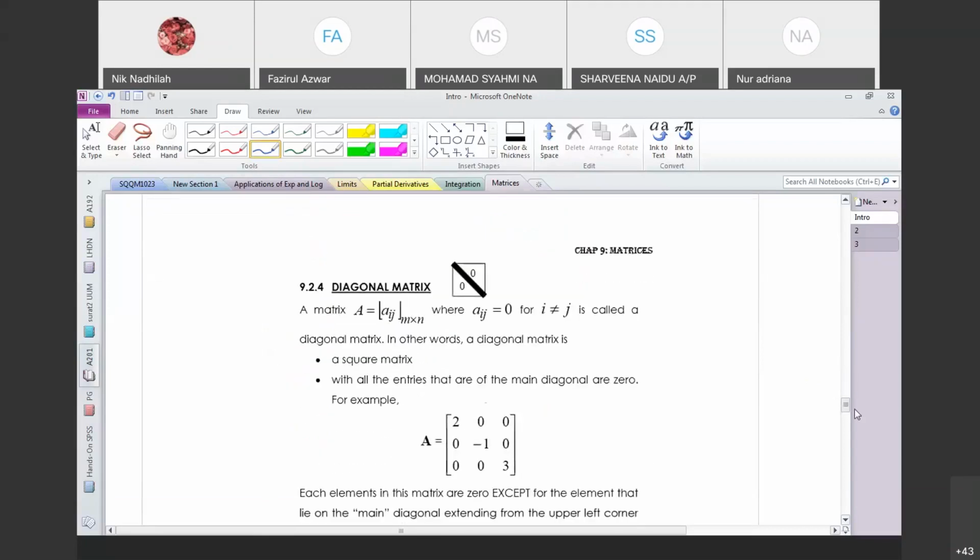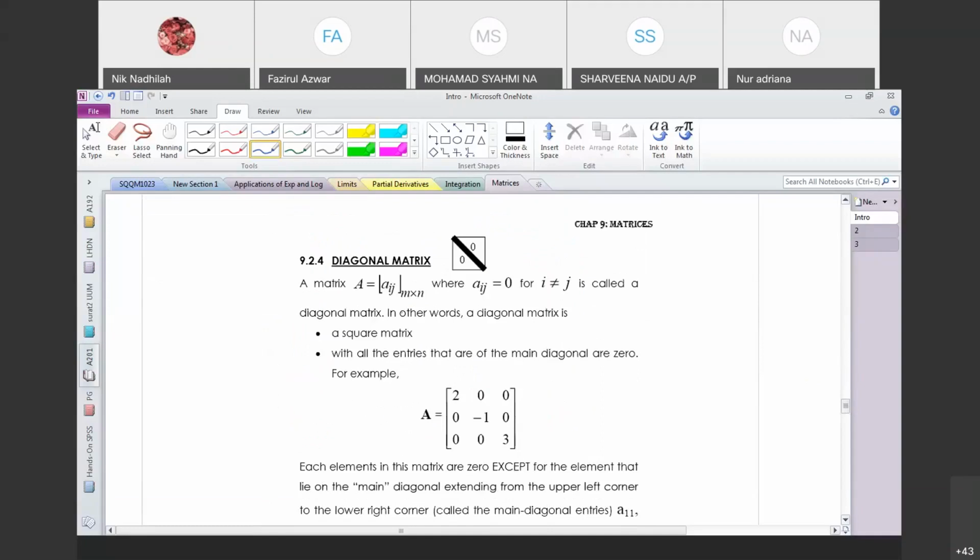Next, I have a diagonal matrix. For a diagonal matrix, there are two requirements. The first one, it must be a square matrix. And then the entries off the diagonal are zeros. This is actually not "off", it's "of".